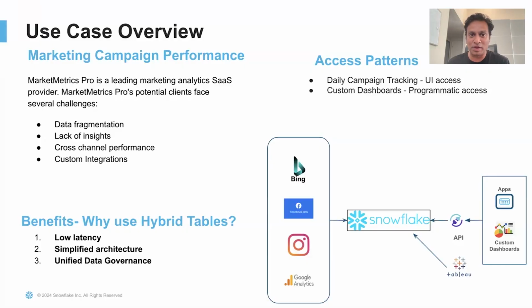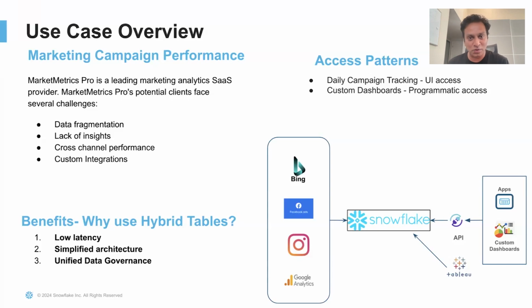The benefits of hybrid tables are, as I said, fast point lookups because we provide indexes. We support a simplified architecture. You're not moving the data out; the data is being served from one Snowflake platform. Both analytical as well as operational data sit in one place.